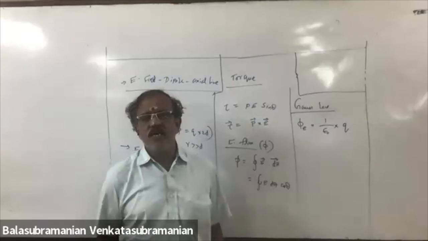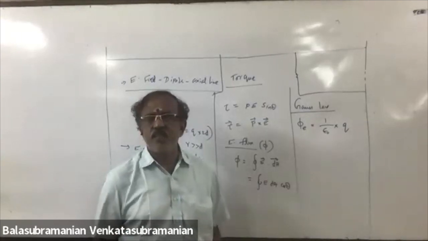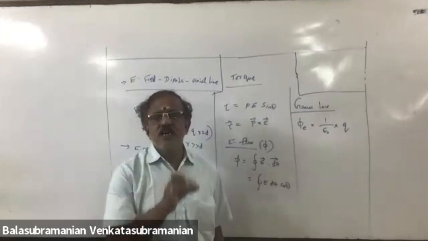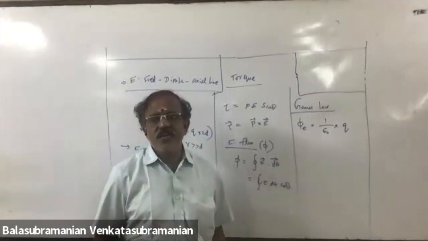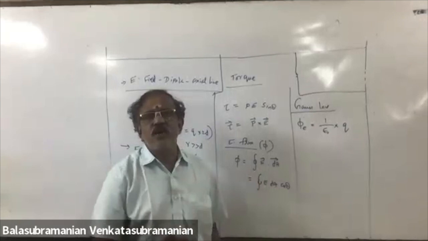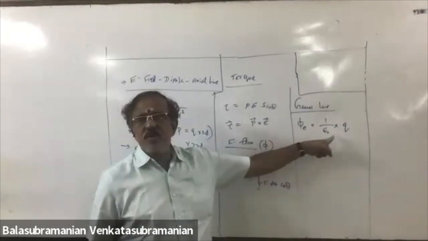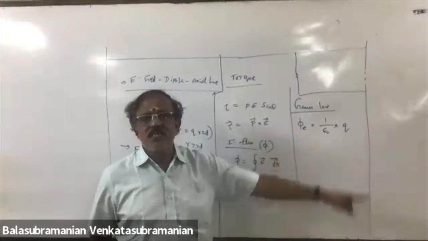It may be a wire, or a sheet, or a spherical shell, or a sphere, anything. You are considering a portion. Surrounding that one, we call it a Gaussian surface. The charge enclosed in it, we call it Q. Then the number of electric lines passing through will be 1 by epsilon naught times the total charge present in it.